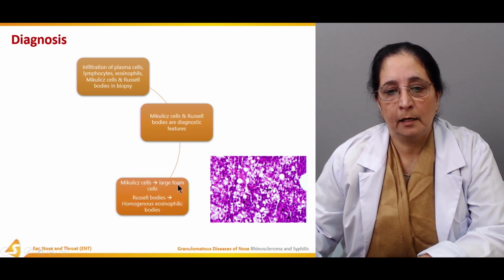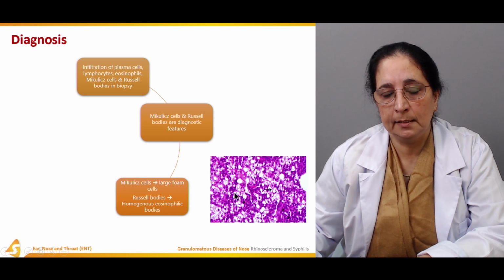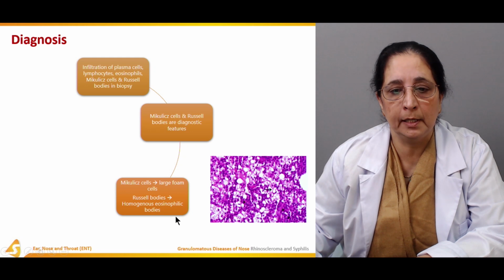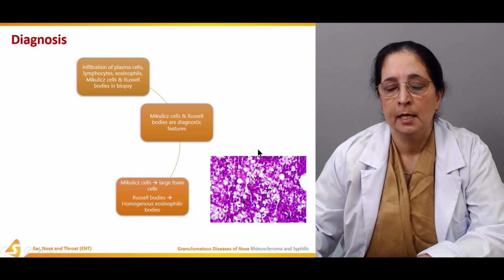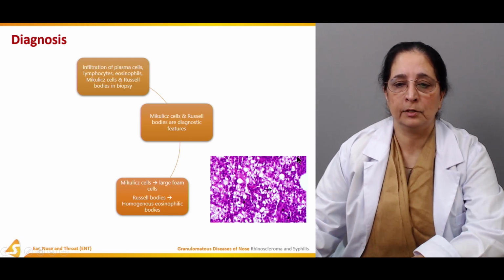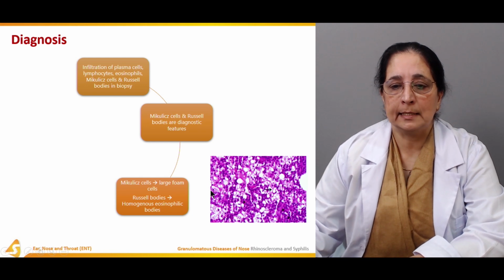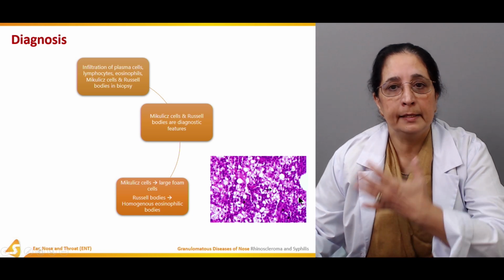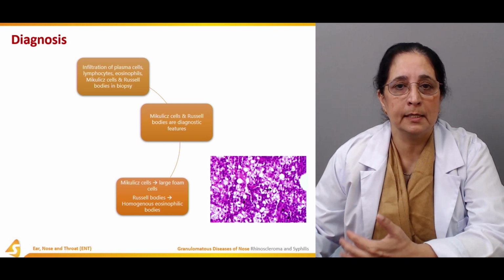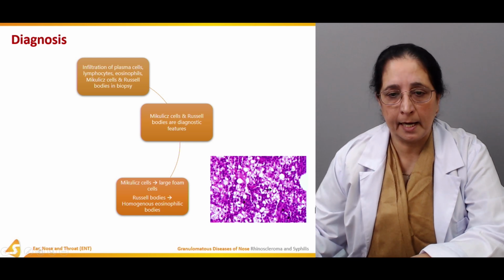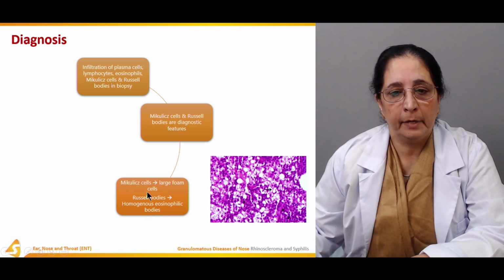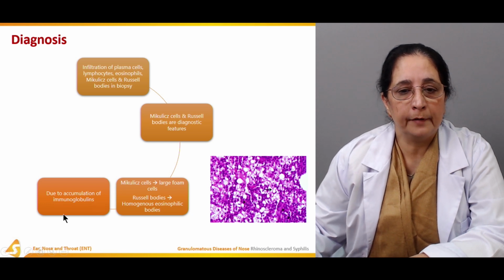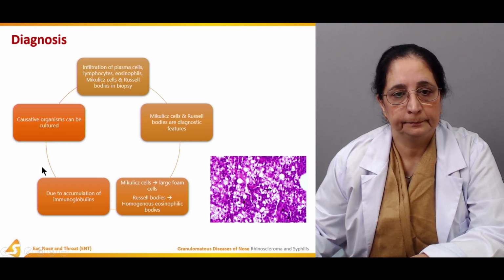Mikulicz cells are large foam cells, and Russell bodies are homogeneous eosinophilic bodies. So in this histological picture or slide, you can very clearly see these two types of cells, and they are diagnostic of this condition: Russell bodies and Mikulicz cells, due to accumulation of immunoglobulins.